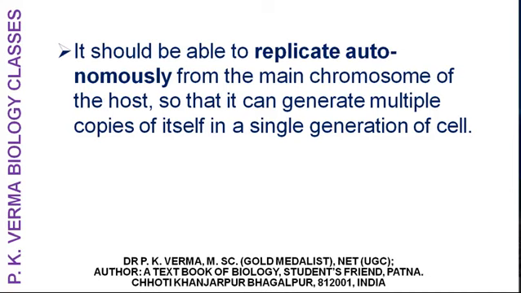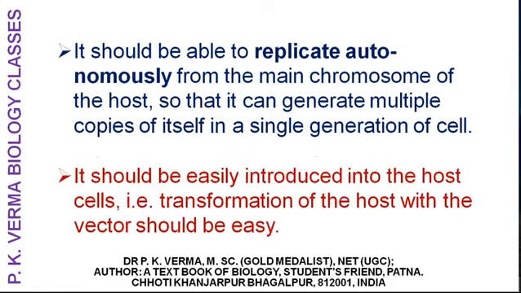So in one cycle, if it replicates once, 2 copies will be made. If it replicates twice, 4 copies will be made. And in this way, if it has a high ability of autonomous replication, there will be more and more copies of the gene along with the plasmid.